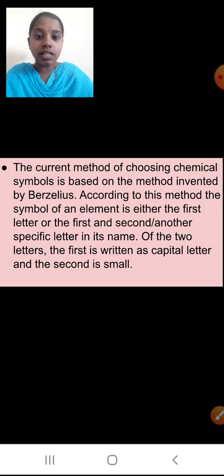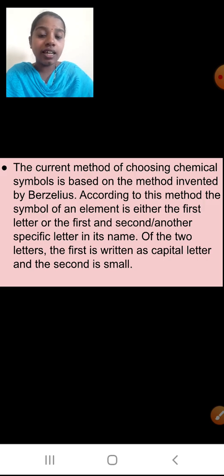Of the two letters, the first is written as a capital letter and the second as a small letter. Very important. If only one letter is there for the element, then you write it in capital. It is important that it should be a capital letter.